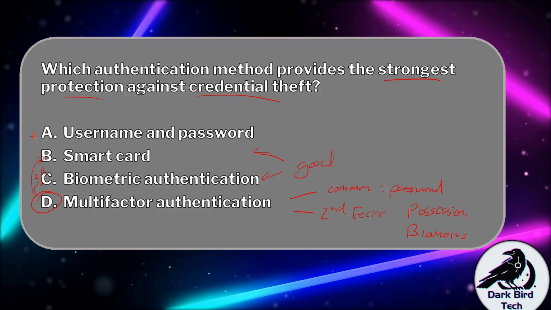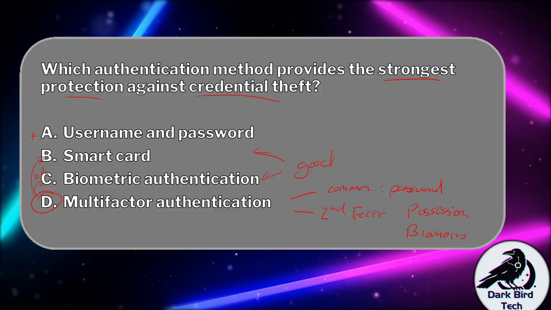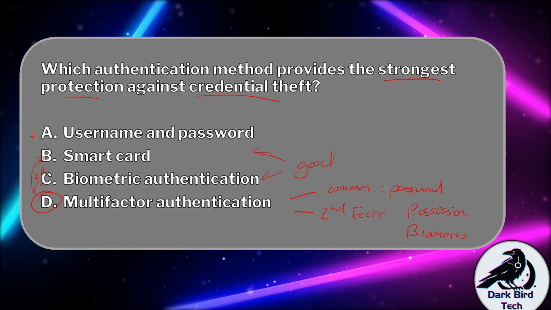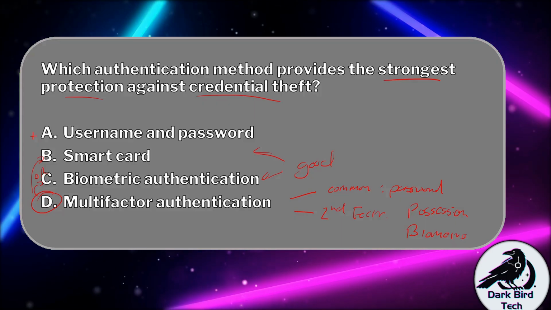Multi-factor would protect the best here, because the chance of an attacker being able to learn your password and fool a biometric sensor is pretty limited, or whatever the second factor might be. So multi-factor is the better choice here.